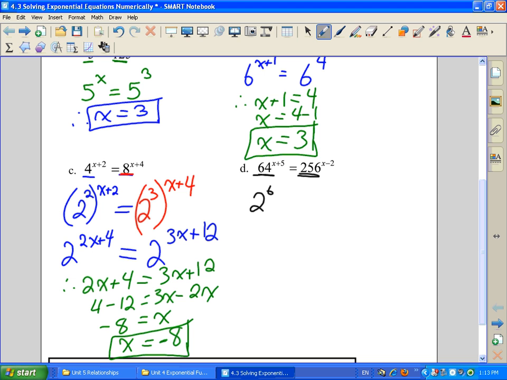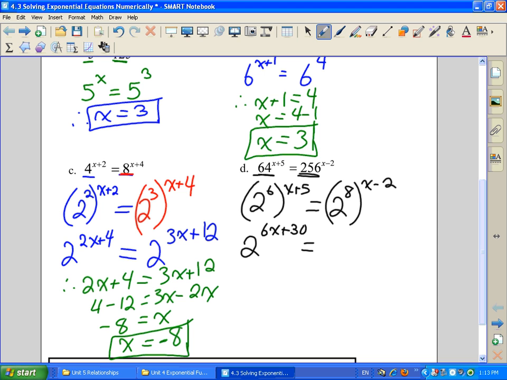It's to the power of 6. And 256 is going to be 2 to the power of 8, all raised to x minus 2. Use your distributive law or power of a power. So we're going to have 2 to the 6x plus 30 equals 2 to the 8x minus 16.